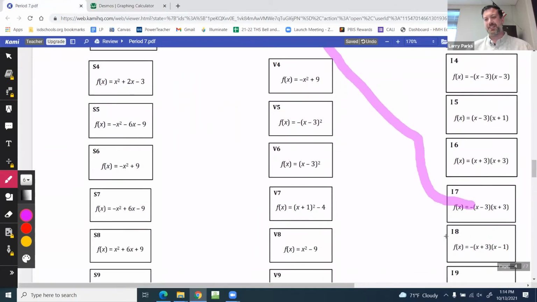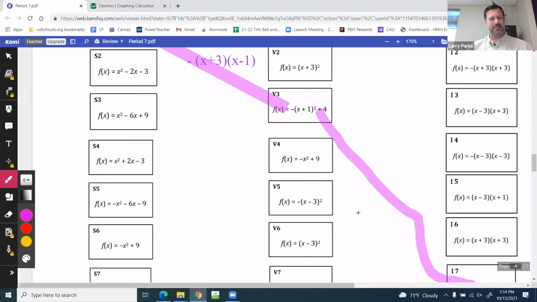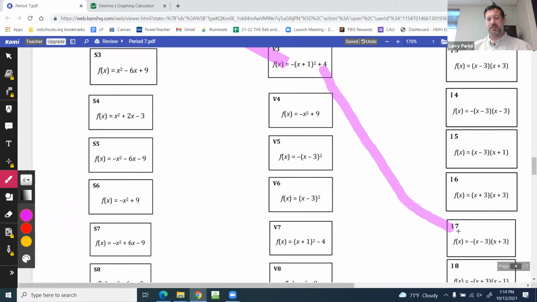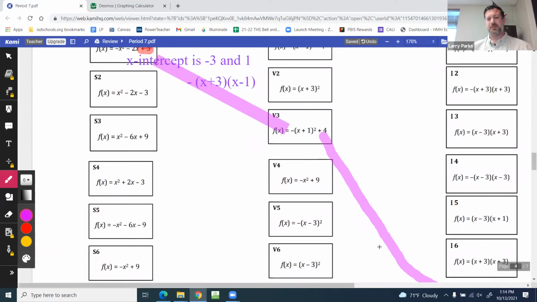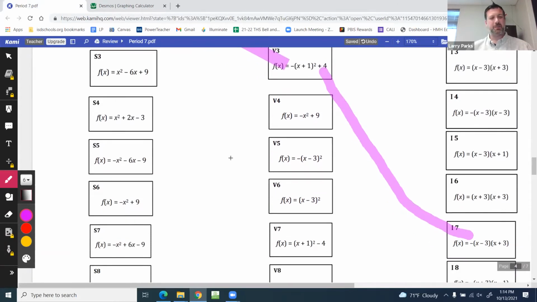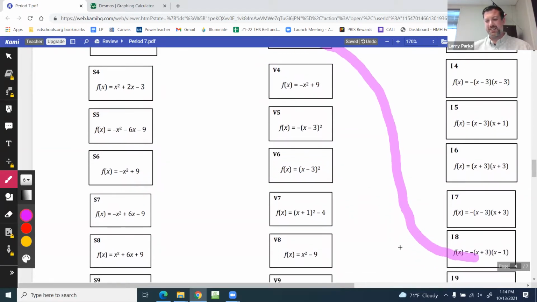I meant to draw it to this one. Remember, I said (x plus 3)(x minus 1), then I picked that one. That was silly. Good thing I double checked my work. So yeah, this one goes to this one. I just did the same thing. I meant this goes to this. There we go.